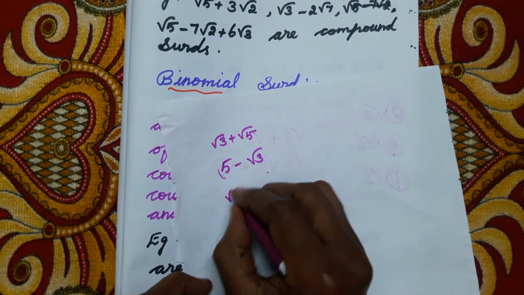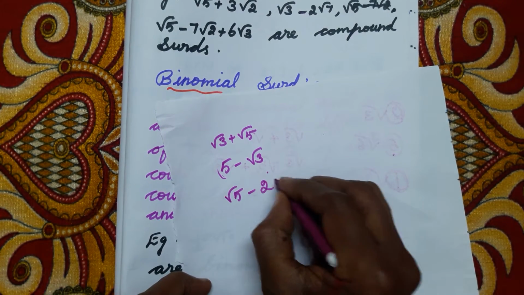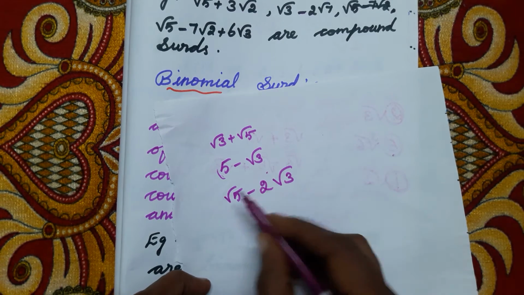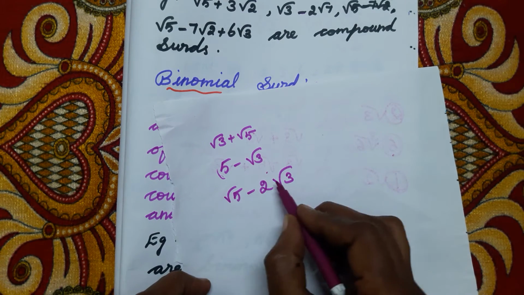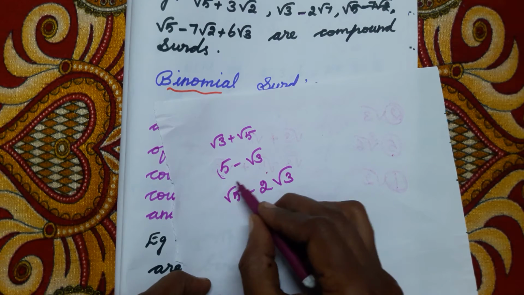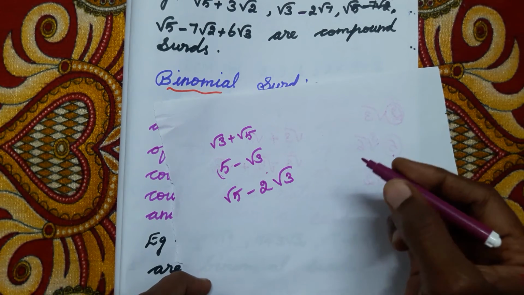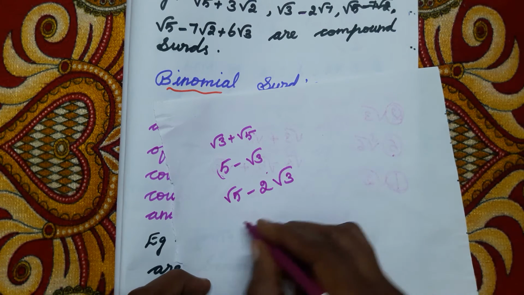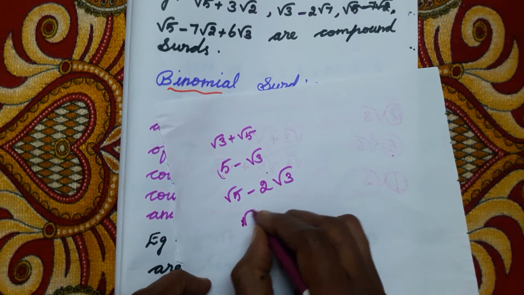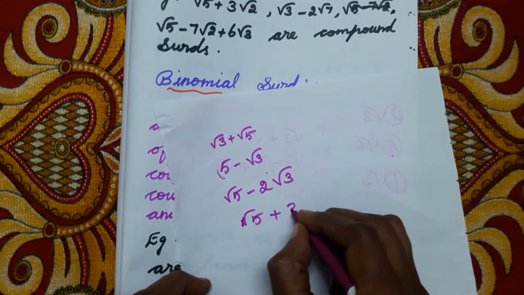Otherwise, root 5 minus 2 root 3. Both are surds, 2 terms. This is also a binomial surd.